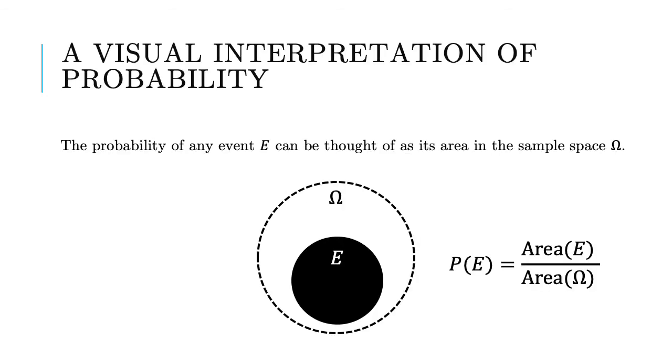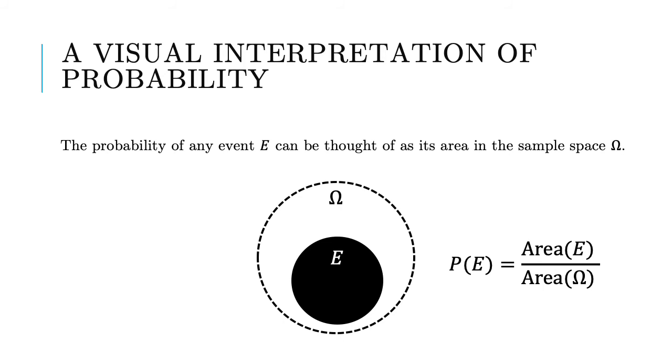Returning to our Venn diagrams, we can give a visual interpretation of probability in terms of these diagrams. Here, we can think of the probability of any event or proposition as its area in the sample space. So you can think of the probability of the event or proposition E as equal to its area over the area of the sample space.